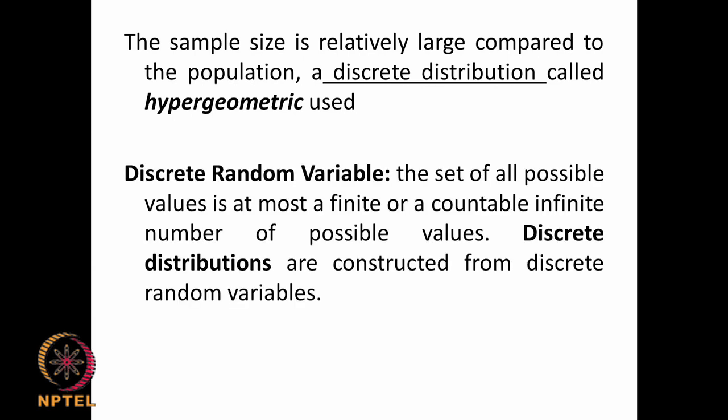So, it gives you a discrete random variable, where the set of all possible values is at most a finite or a countably infinite number of possible values. Discrete distributions are constructed from discrete random variables.